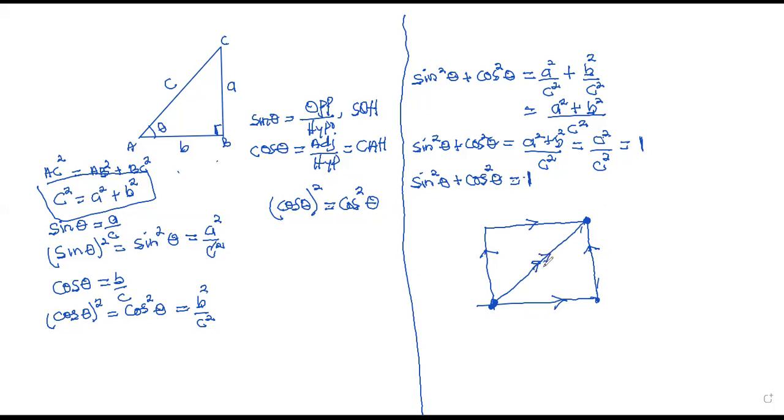So the resultant obeys the triangle law of vector addition: if this is A and this is B, then this is also B and this is also A. Let's represent the resultant by C. Then we can say that vector C must be equal to vector A plus vector B. This is the triangle law of vector addition.